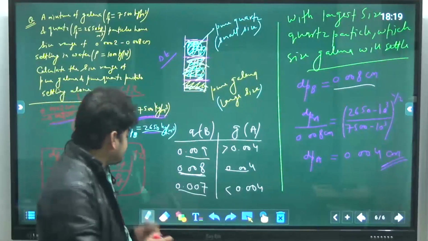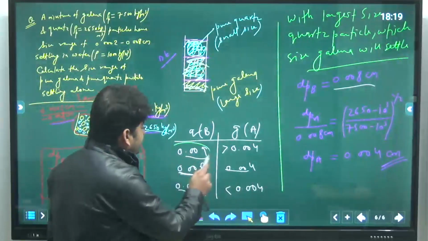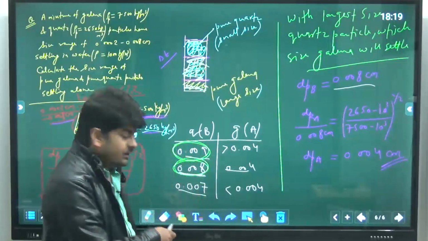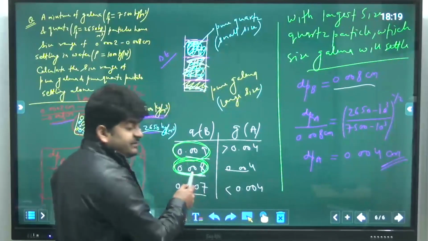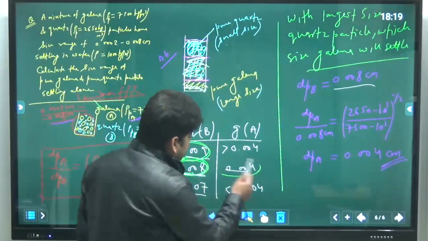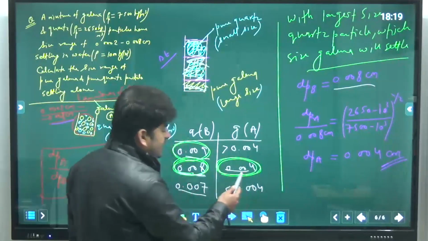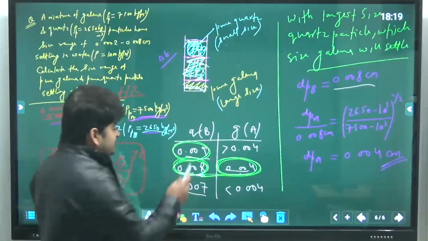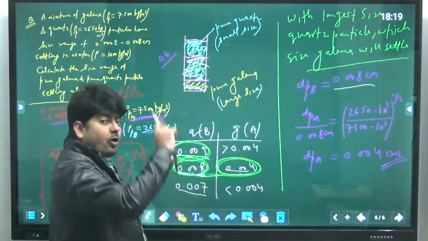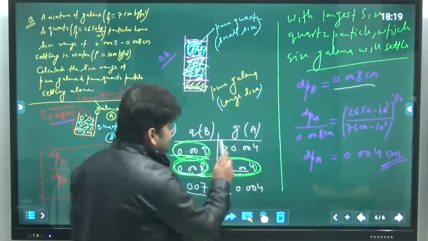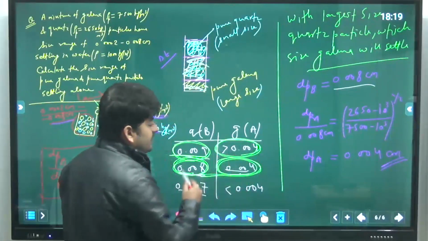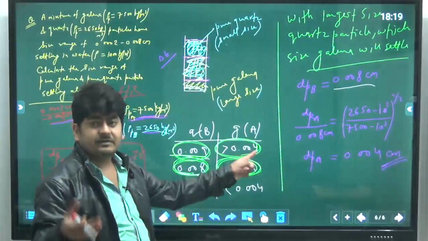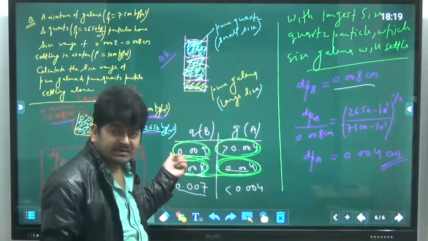But now the problem is, we don't have this size of quartz. This is the maximum possible quartz size. So with this maximum possible quartz particle, the galena particle which is settling along with it has this diameter. Since this is not possible, all those galena particles which have diameter above this are settling alone, because for these particles we must have quartz of greater than 0.008.